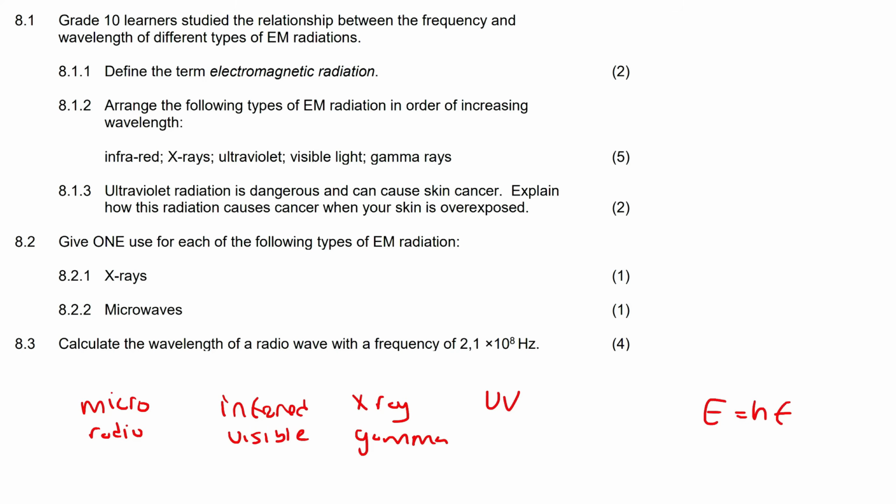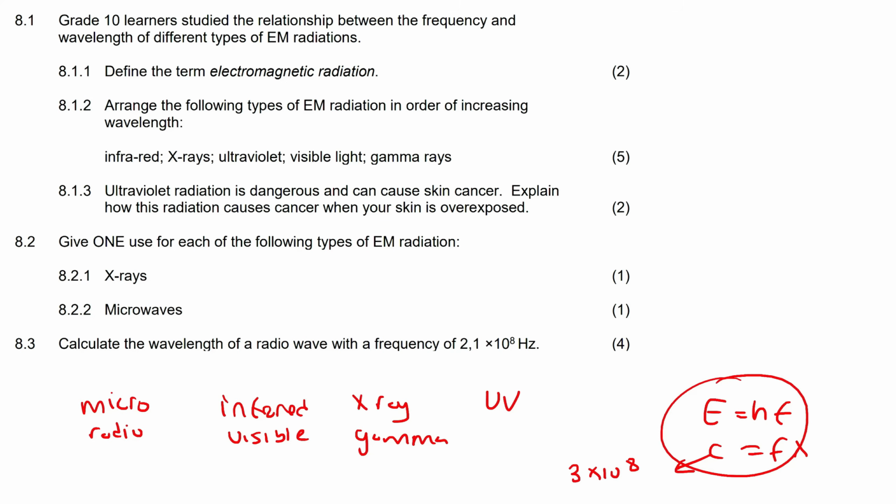These are the things we use when we're talking about electromagnetic waves. And we also use this formula over here. Instead of using the V equals f lambda that we normally use with normal waves, when it's electromagnetic waves, we change the V to a C, because this is always going to be 3 times 10 to the 8, because electromagnetic waves always have the same speed, and that is 3 times 10 to the 8. Okay, so these are the common formulas we're going to use here.